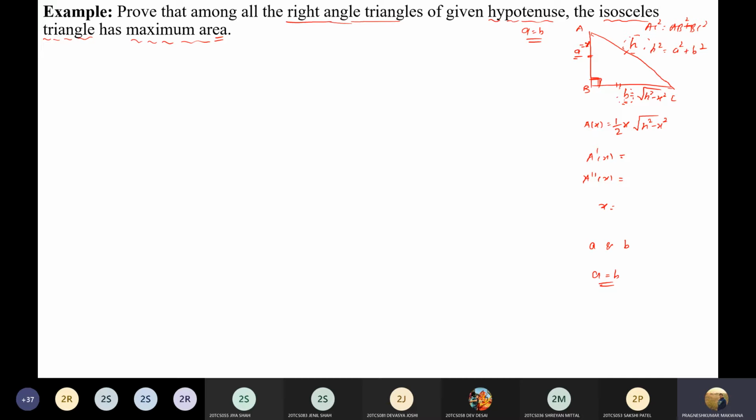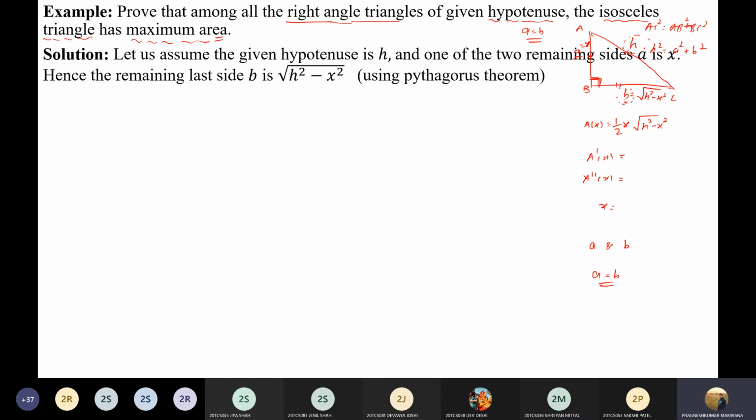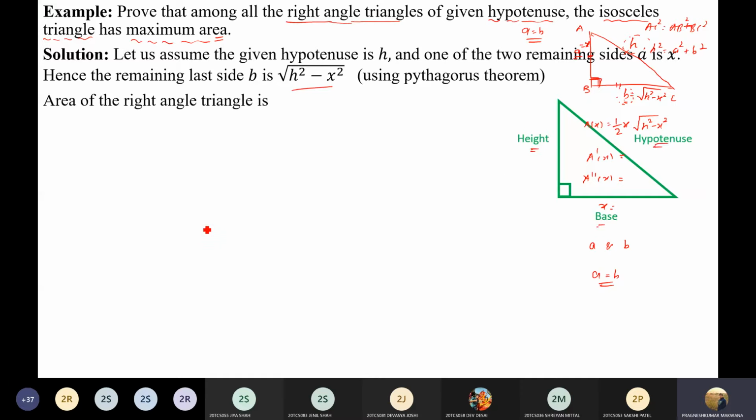So here we obtain this side B under root form. Now that is a right angle triangle. This one is a height, this one is base, and this one is a hypotenuse.